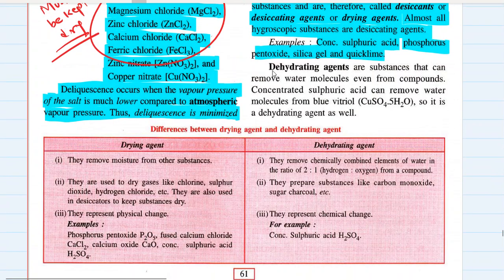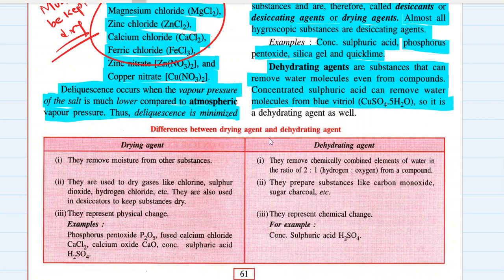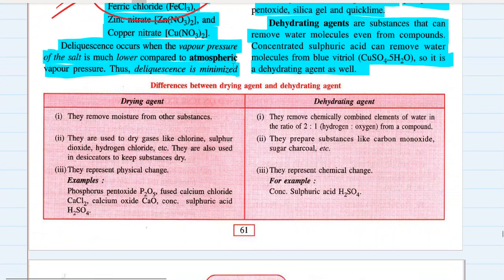Dehydrating agents are those substances that can remove water molecules even from compounds. Concentrated sulfuric acid can remove water molecules from blue vitriol, hydrated copper sulfate, so it is a dehydrating agent as well.